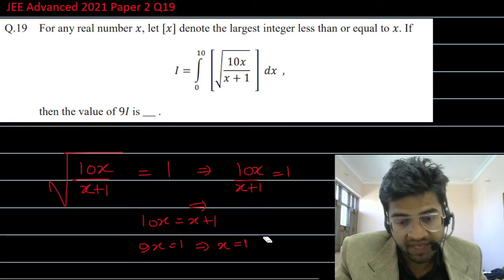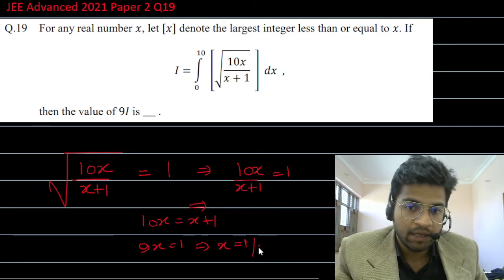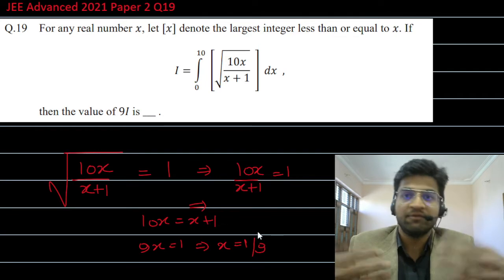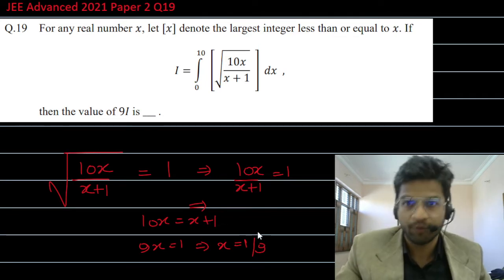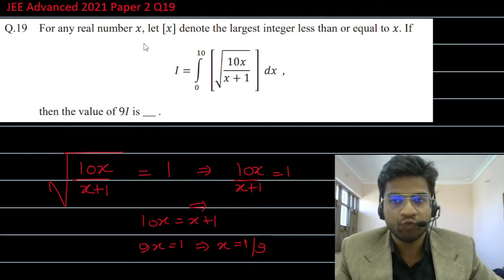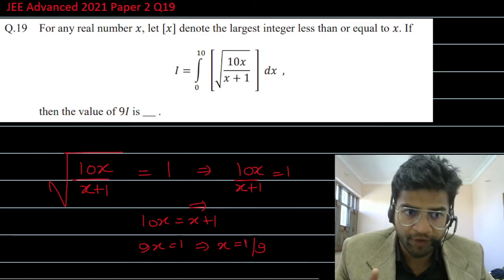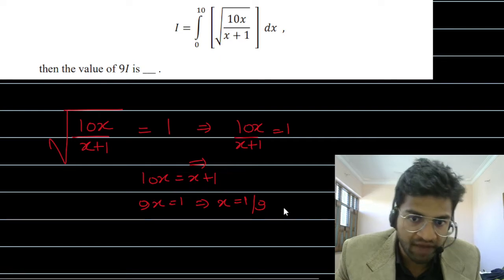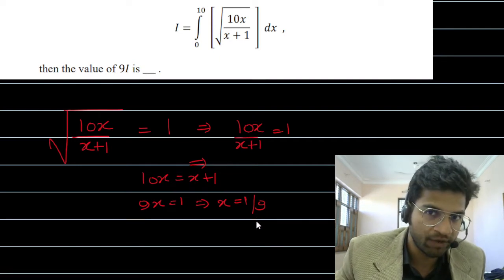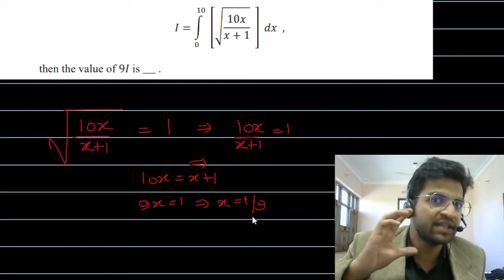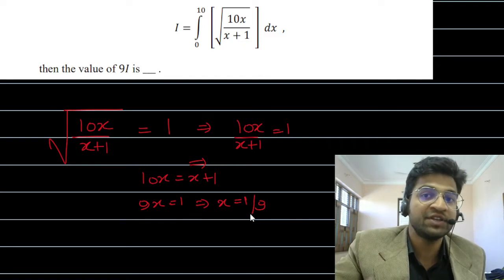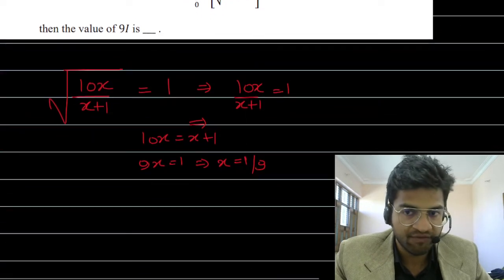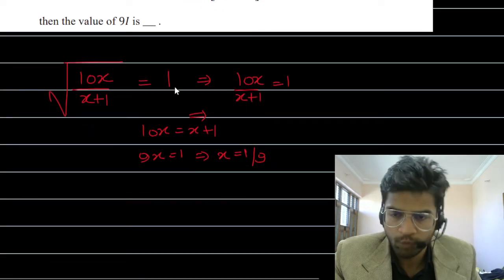Now we might worry that we will have many values of x for which we get different integers, but this is far from true. Though for x equal to 1 by 9 we have a very small value for this expression to be equal to 1, let us say we equate this with 2.